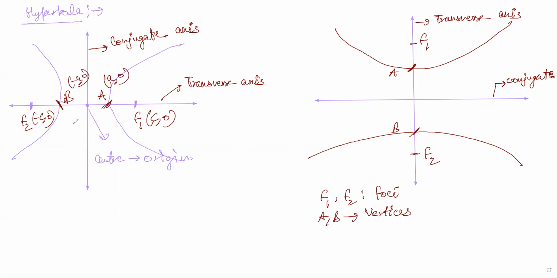Similar to your ellipse, nothing has changed. So this distance is A, and corresponding to this, there will be some distance here. So that would be B. This distance would be B.